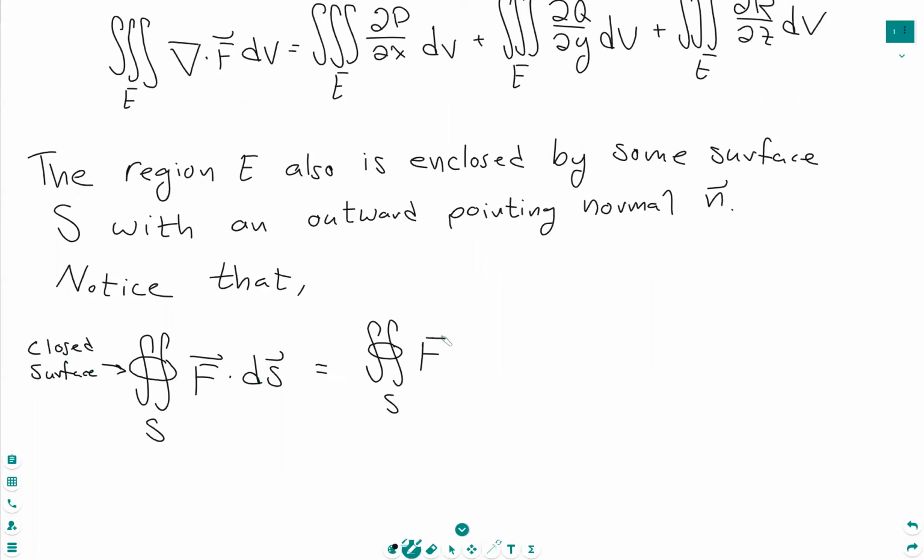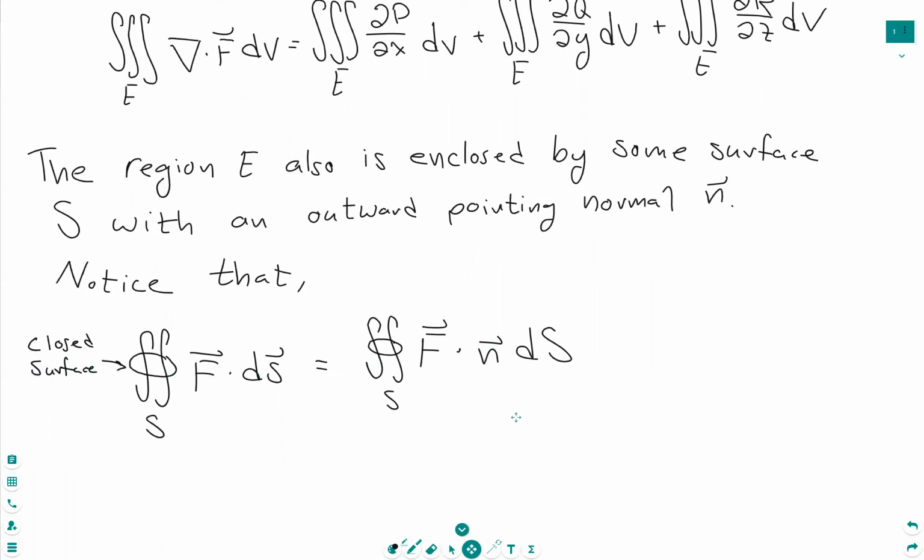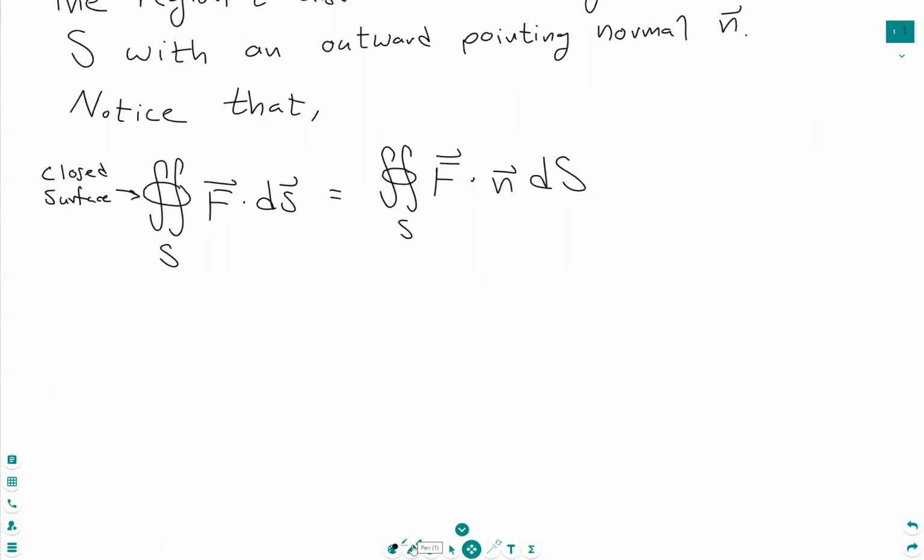So if we drop our shorthand, remember the flux was calculated like this. Just how much of F is going through the normal of the surface. Well, why don't we go ahead and break up what F is here.